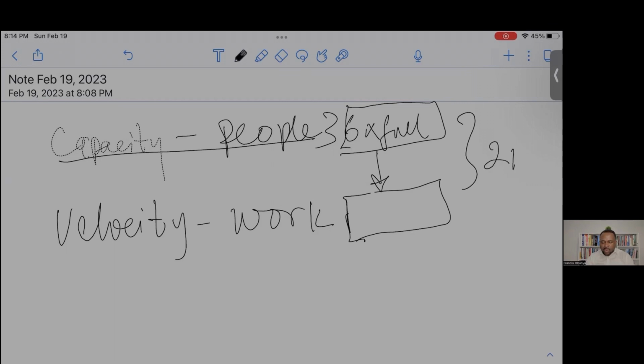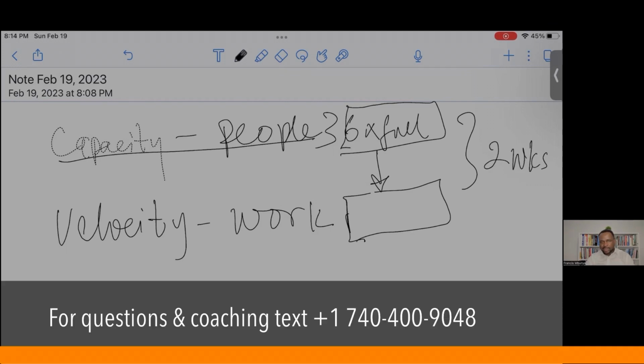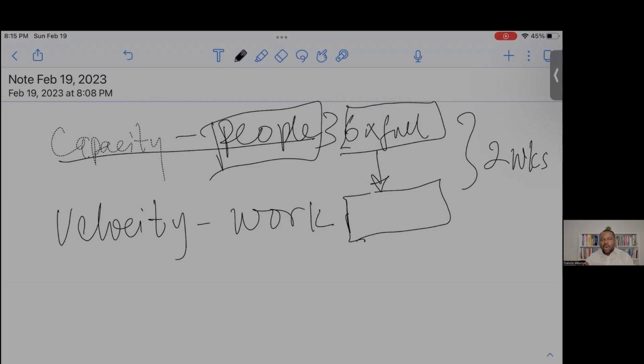And in Scrum, we have a defined period of 2 weeks, right? So capacity, we're talking about people. What is your capacity? I have 5 developers and 1 tester on standby. What capacity do you have? Now we'll talk about velocity. What is your velocity? It simply means how much work can you complete?